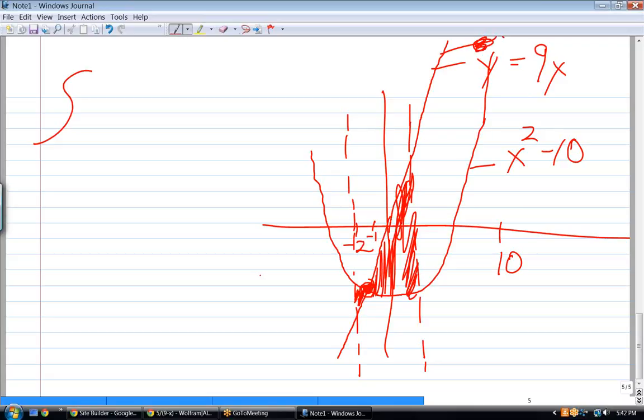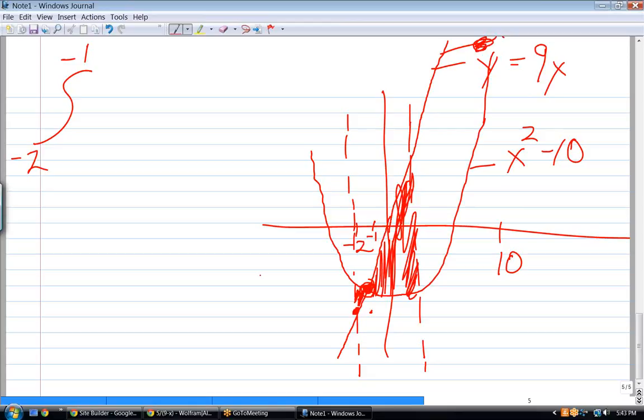Minus 1 to 3. No, we're going to go from this point on the x-axis, which is minus 2, to this point on the x-axis, which is minus 1. You always go from left to right and from bottom to top.